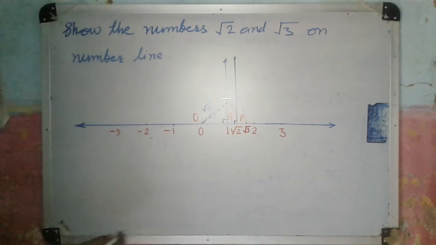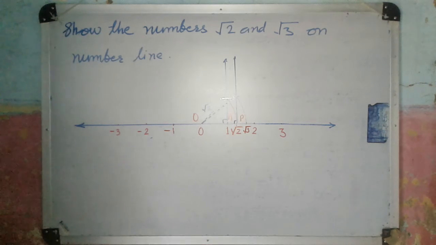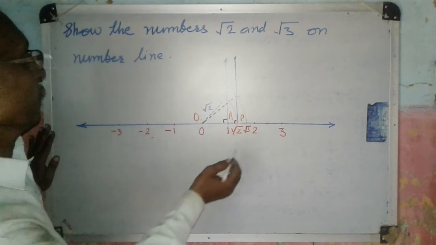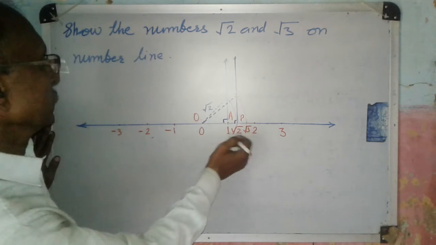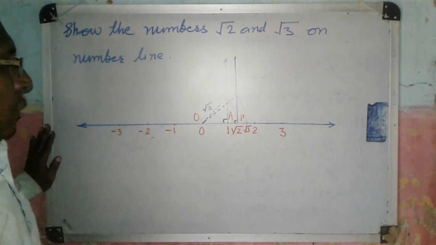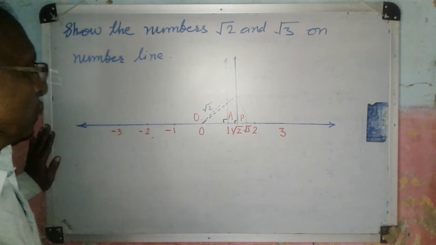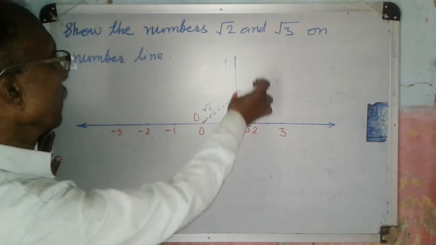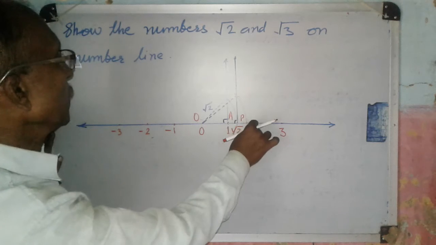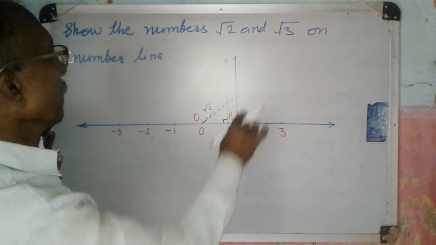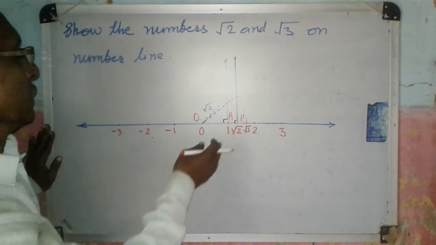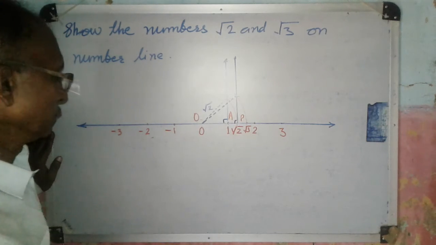Suppose you want to draw root 4. Root 4 means 2. Square root of 4 is 2. That will be here. Again, if you want to draw root 5, then I can draw a perpendicular at root 4, that means at point 2, and then complete the right angle triangle, and by the same procedure you can show root 5 here.